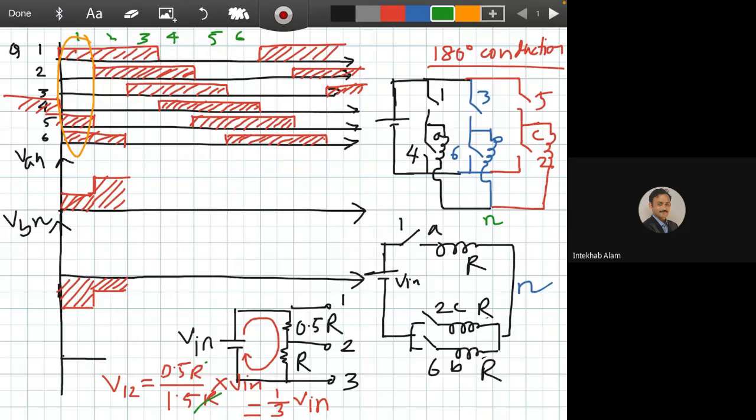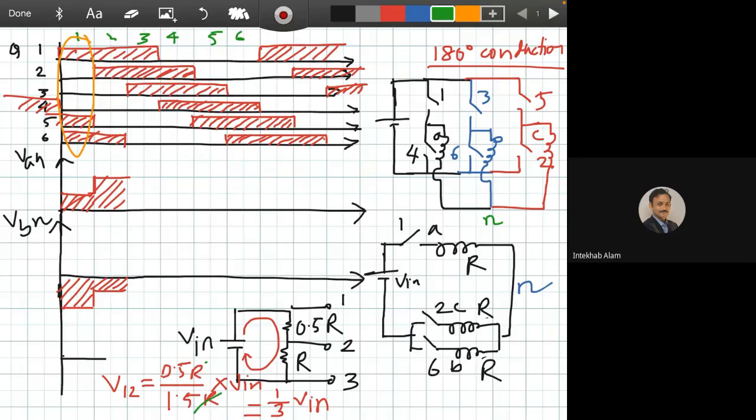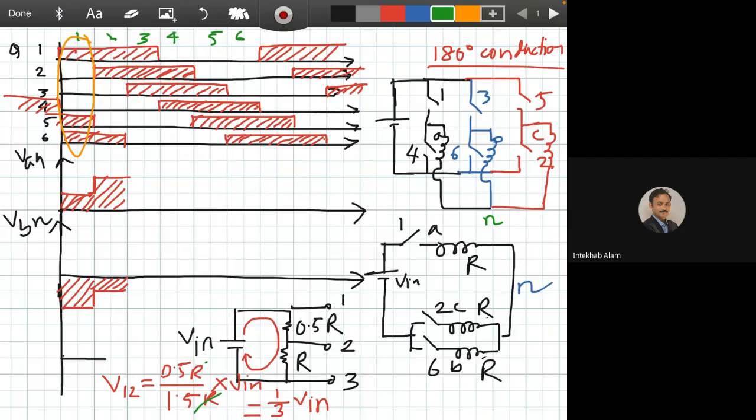This is called the voltage divider rule. Maybe we have studied it in the DC circuit. In a DC circuit we teach these topics: voltage division rule, current division rule, Ohm's law, KVL, KCL. So shall I proceed?